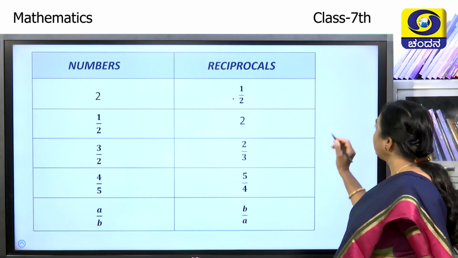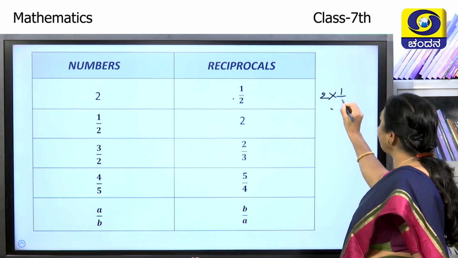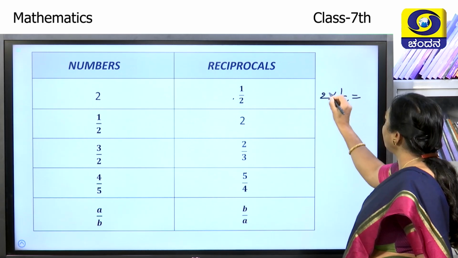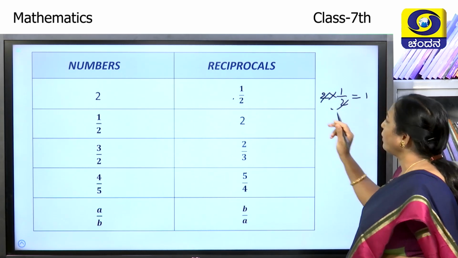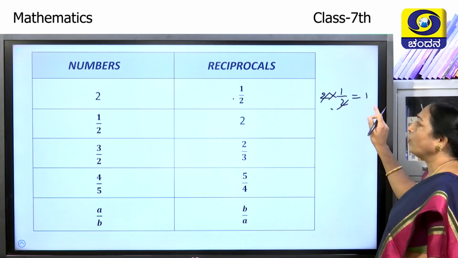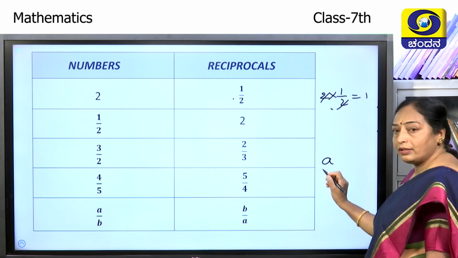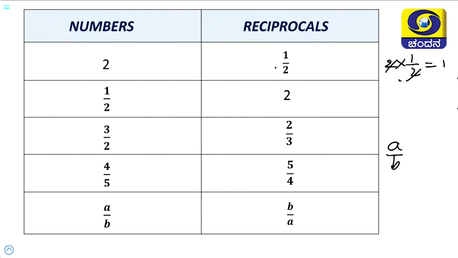For example, if we multiply 2 by 1 by 2, we get 1. We know, children, the product of any number and its reciprocal is always 1. Therefore, if you multiply a by b with b by a, we get 1.